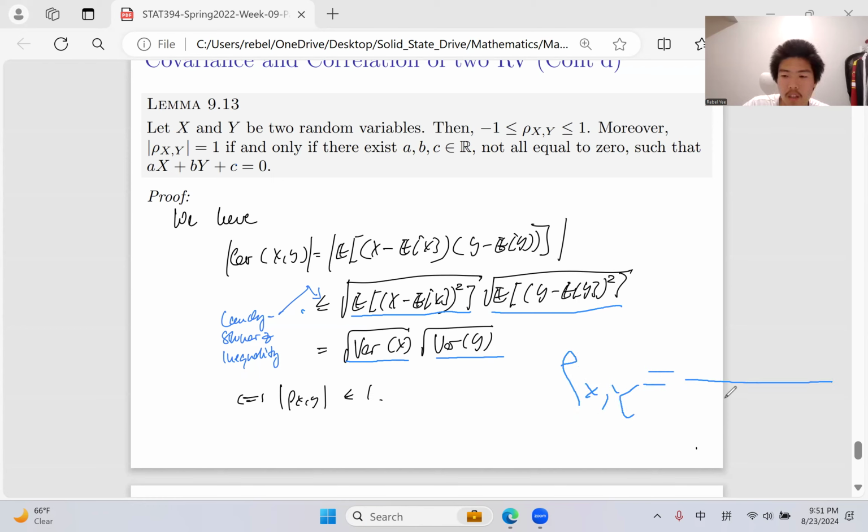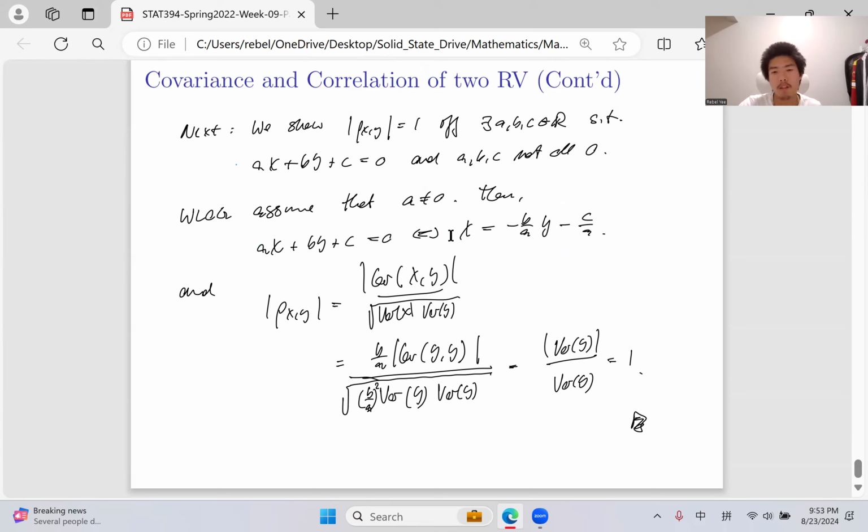So first, assume we can write this form directly, because this is the assumption: a times x plus b times y plus c is equal to 0. We can rewrite this form by using y to represent x. So x is equal to this one, some coefficient times y plus some constant.